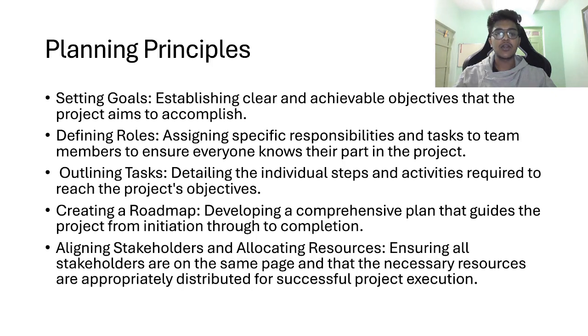Next is creating a roadmap: developing a comprehensive plan that will guide the project from initiation through to completion. Aligning stakeholders and allocating resources: ensuring all stakeholders are on the same page and that the necessary resources are appropriately distributed for successful project execution.